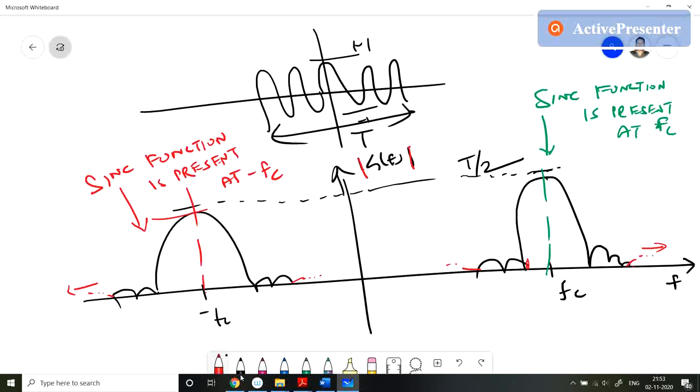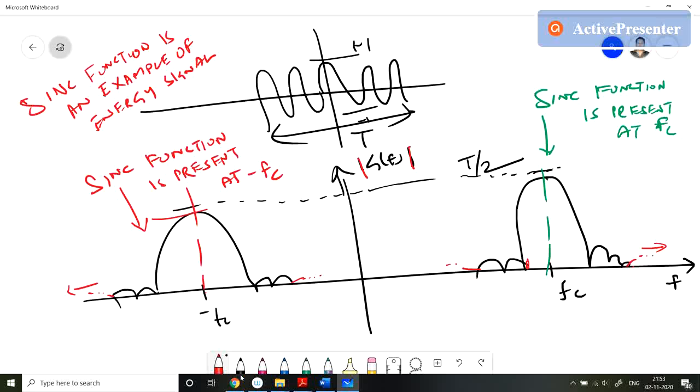That's why the sinc function is an energy signal. So the sinc function is an example of an energy signal.